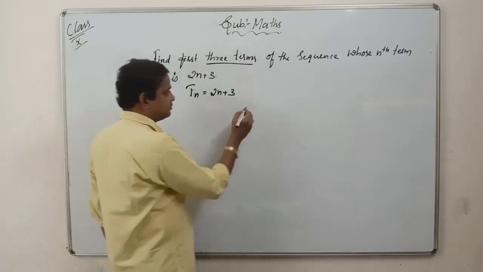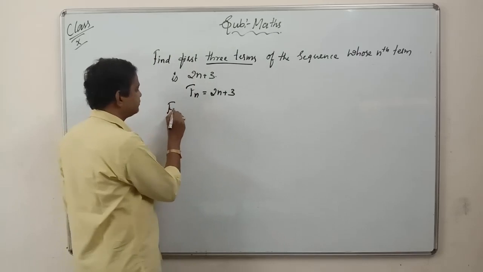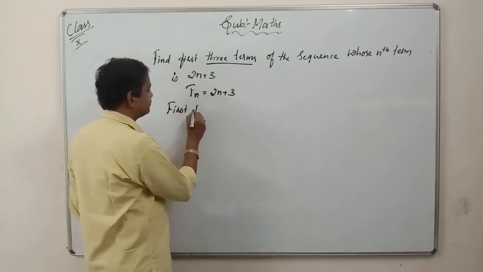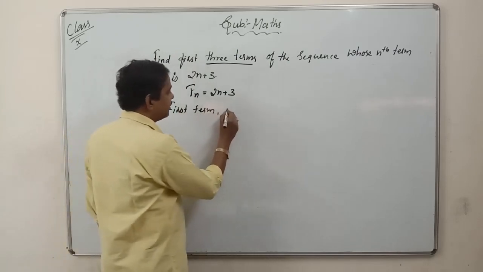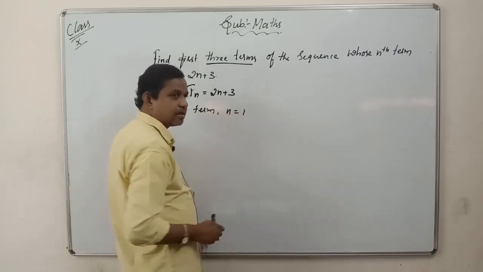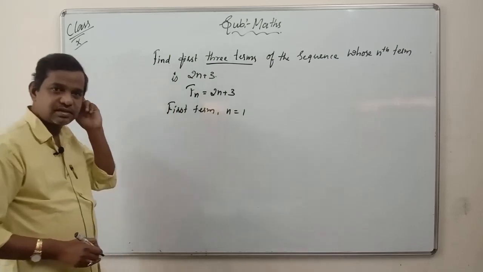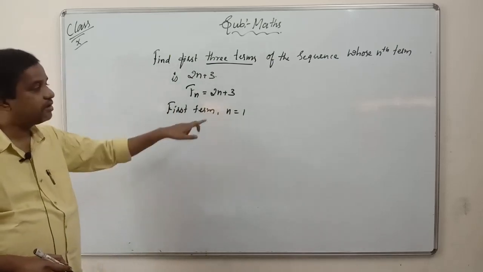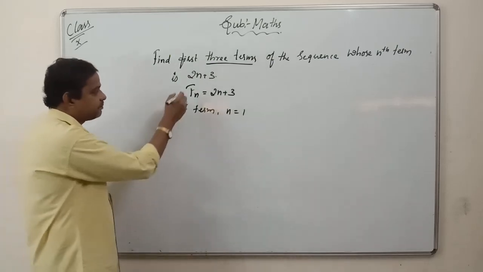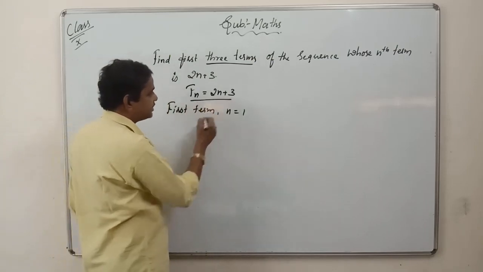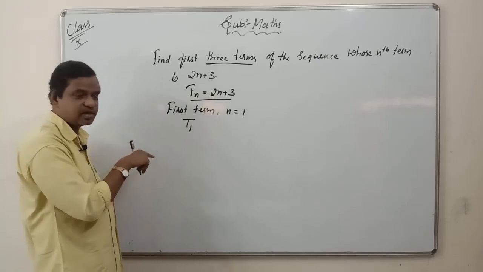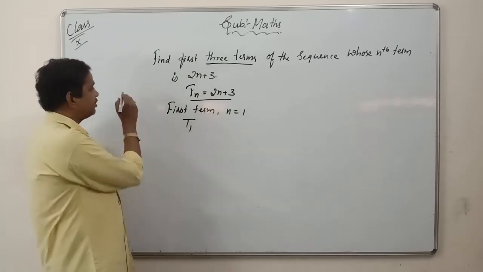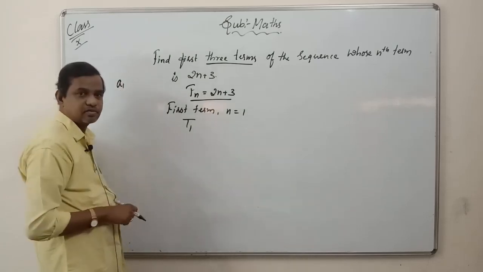If we take the first term of the sequence, then here the value of n will be 1. Why? Because we are taking the first term. He is asking for the first three terms, so n will be 1. If n equals 1, then this equation changes to T1. Why T1? Because it is the first term. Or else, as I told you already, you can take A1 also, no problem.